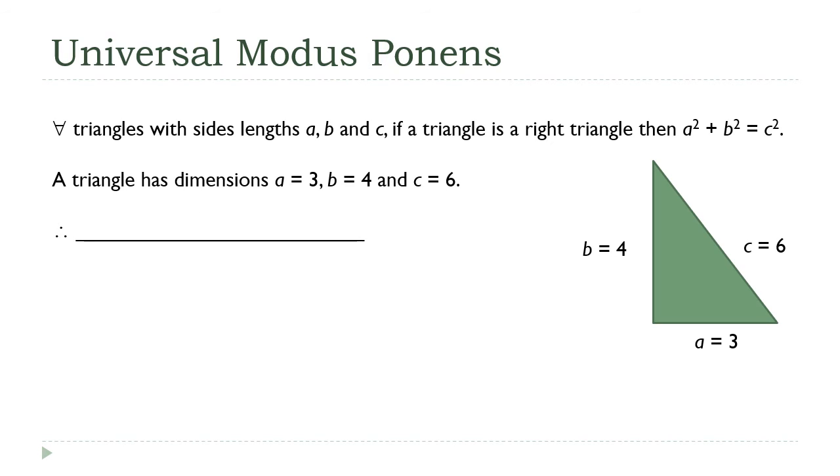So I've got an example of an argument here that fits this universal Modus Tollens form. You can pause for a minute and think about what the conclusion should be based on that form.